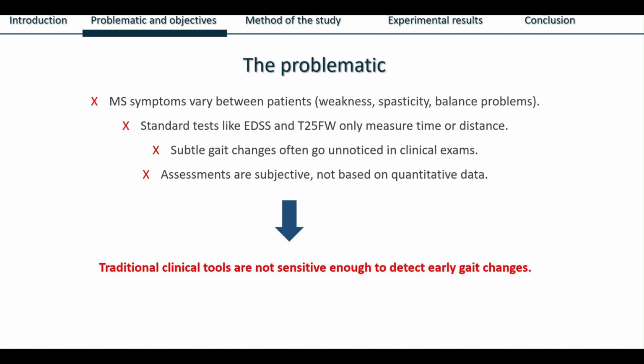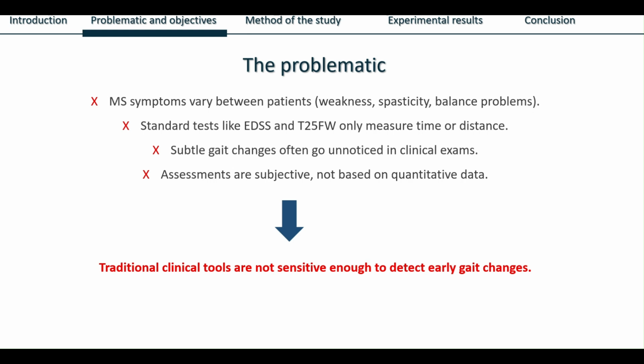They miss detailed gait information such as step length, symmetry, or variability. And third, early gait problems can be very subtle and not visible during a short clinical exam.